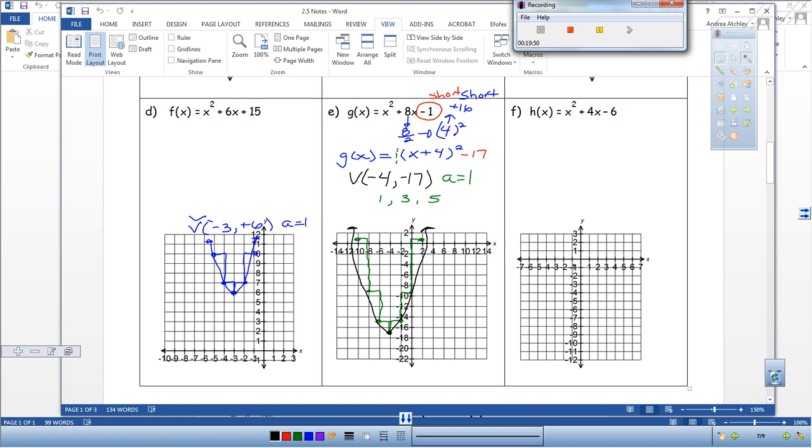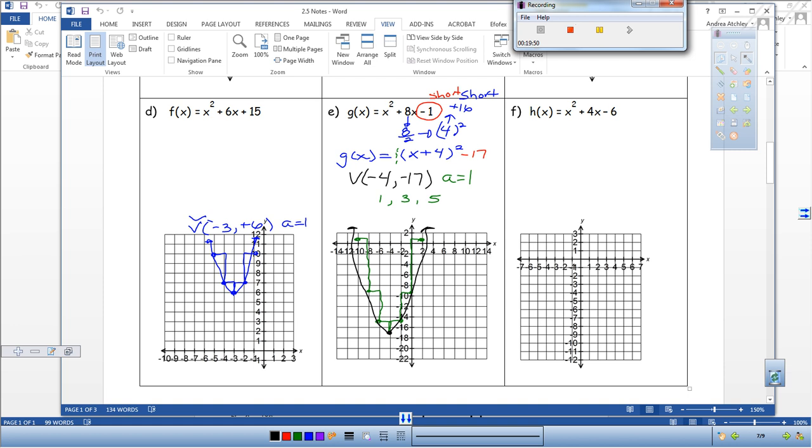No, here's my dot. So from here, 1, 2, 3, 4, 5. I'm going in half. Are you going up a half each time?